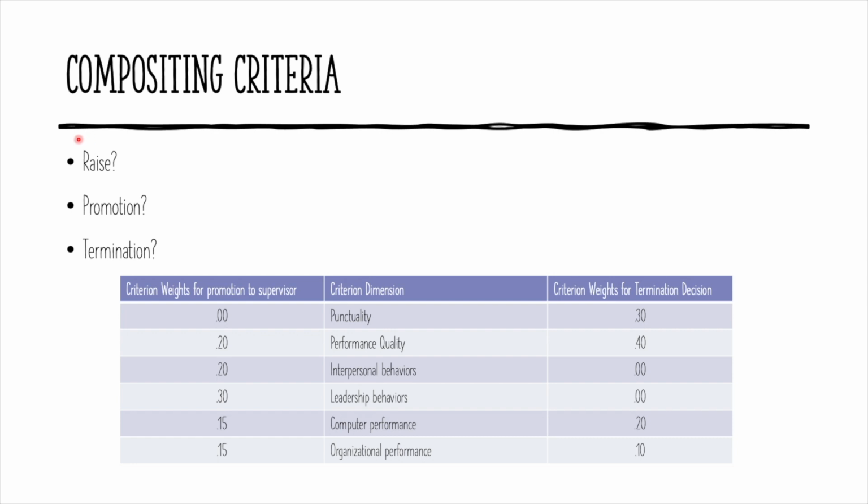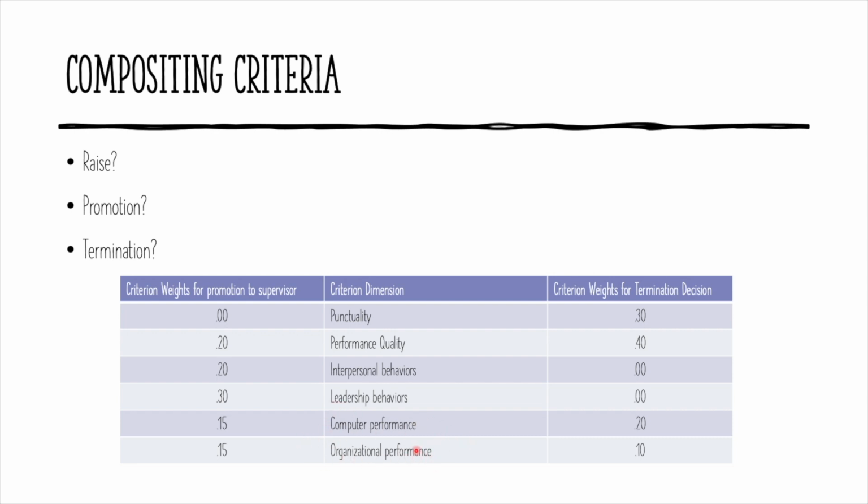So what is the decision that you're making: raise, promotion, termination, etc.? We have these criterion dimensions right here, and we have two different decisions: criterion weights for promoting to supervisor, and criterion weights for termination. As you can see, you probably are not weighing punctuality very much for promotion to supervisor. Performance matters a little bit. Interpersonal behavior also matters a little bit. Leadership behaviors matter a lot. Computer performance, whatever that means, matters less.